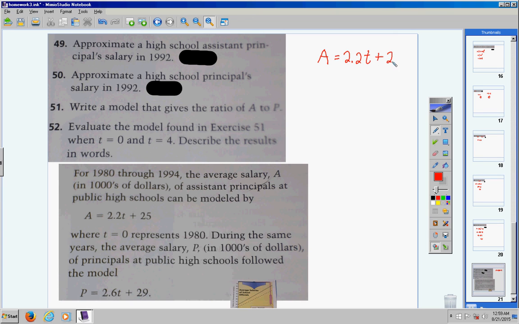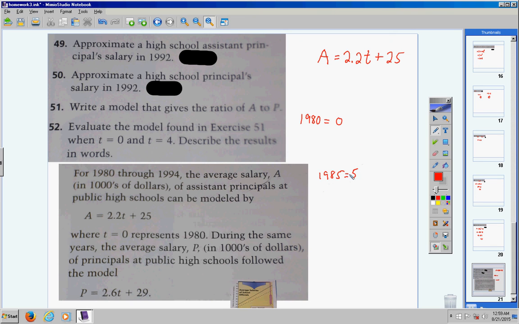Okay, no problem. For 1980, you would put a 0 in here, okay? And by the way, it's in thousands of dollars, okay? If you want to know how much money the assistant principal made in 1985, now think about it. If 1980 corresponds to what number? 0, then 1985 would correspond with what number? 5.